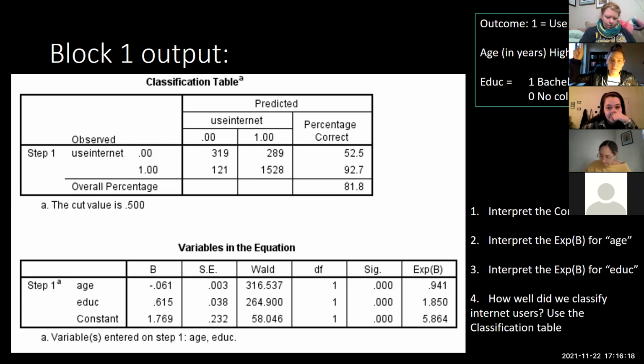As age goes up, what happens to the odds of getting a 1? They go down.